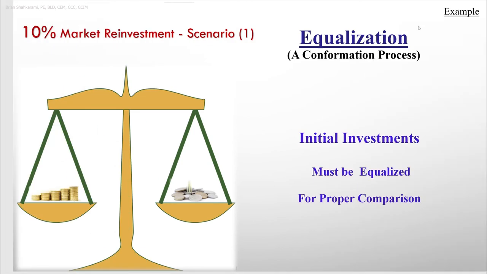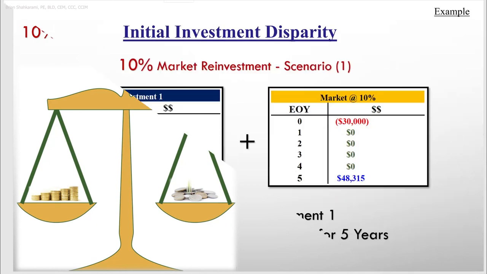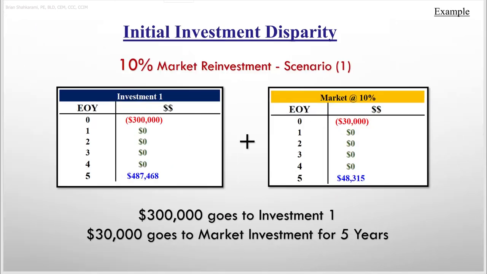Now we must equalize the initial investment to conform to our form and be able to compare apples and apples. We'll start with our initial investment capital of $330,000 for investment 2. We'll place $300,000 in investment 1 and we'll market reinvest the remaining $30,000 at a reinvestment rate of 10% for 5 years, which will give us $48,315 at the end of 5 years.